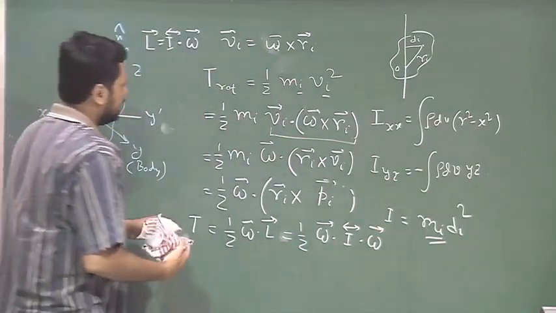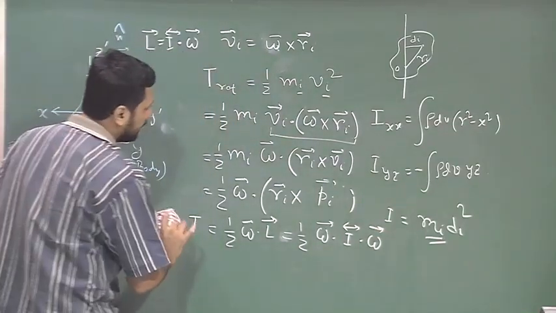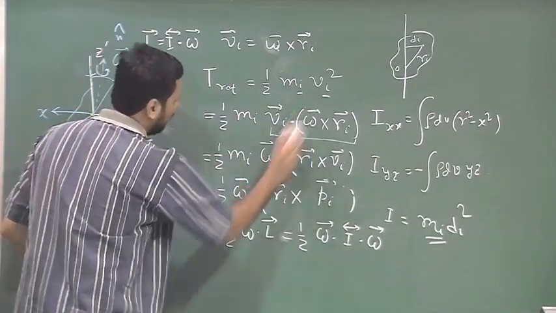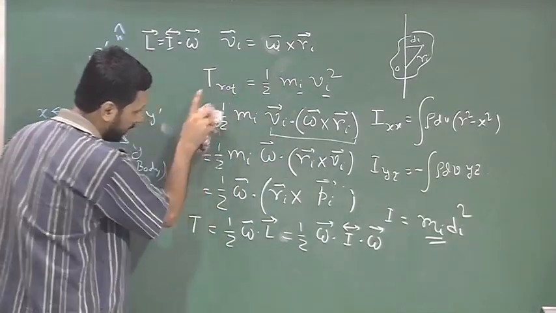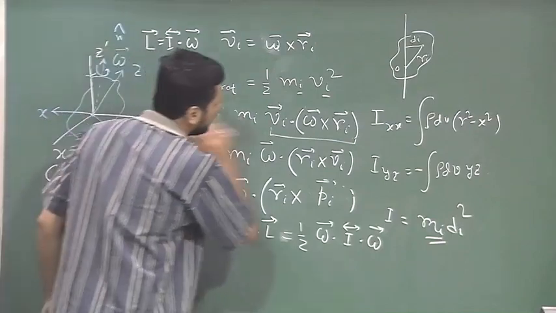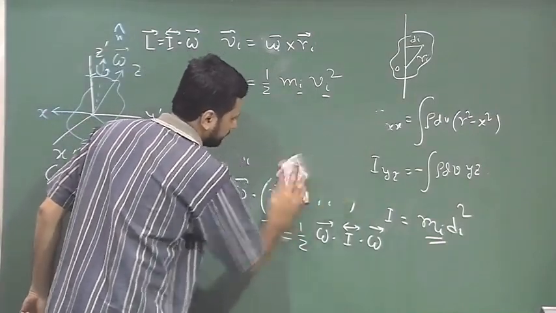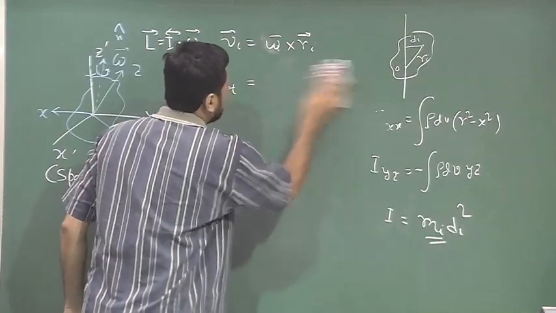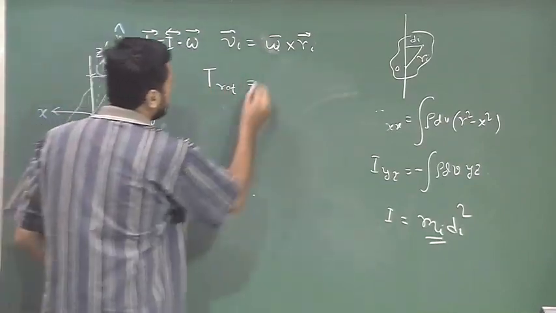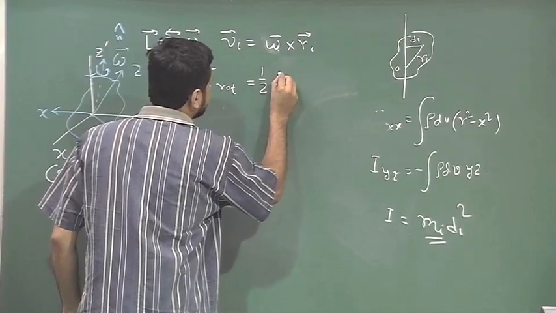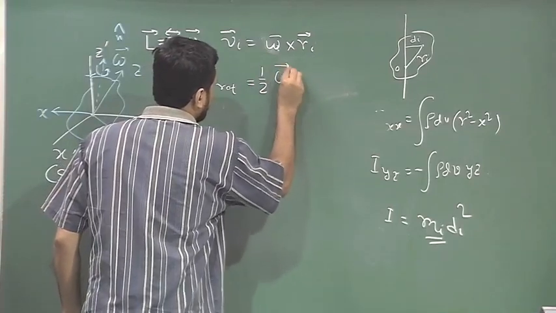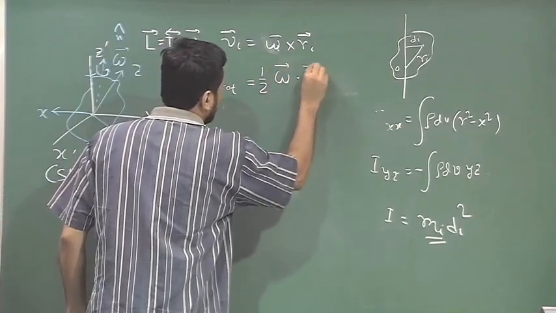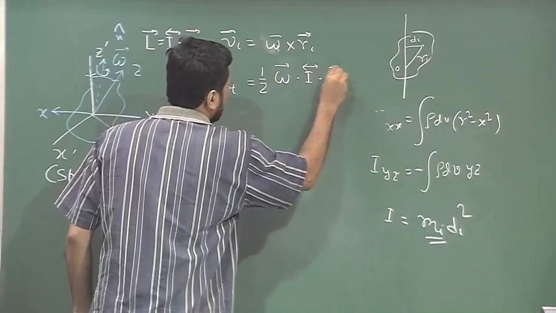So, this is the final form we can write. We will just move it here, removing this. I hope you can understand these steps. So, T is simply half omega dot I dot omega.